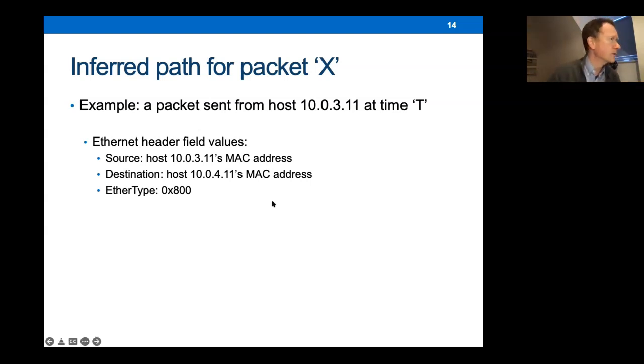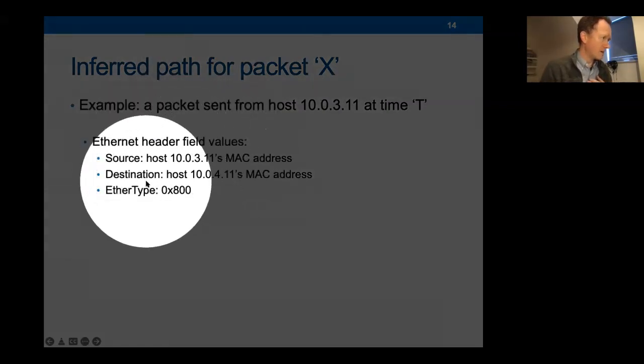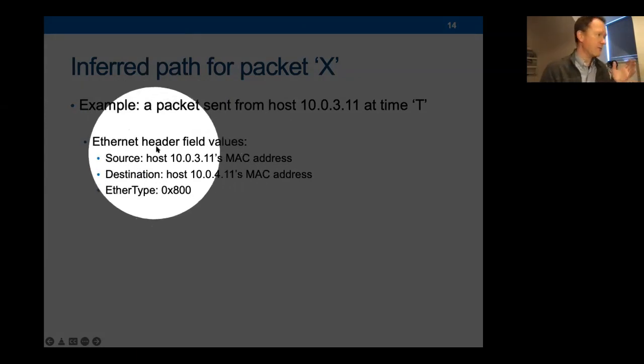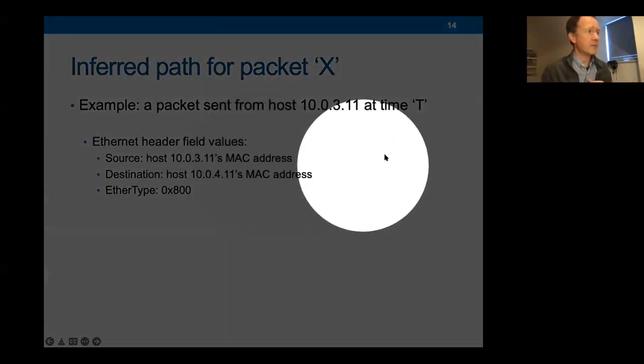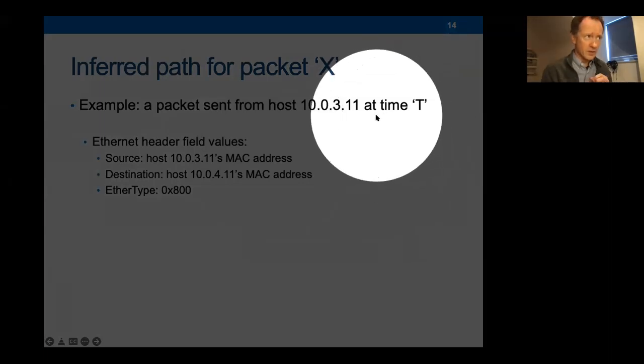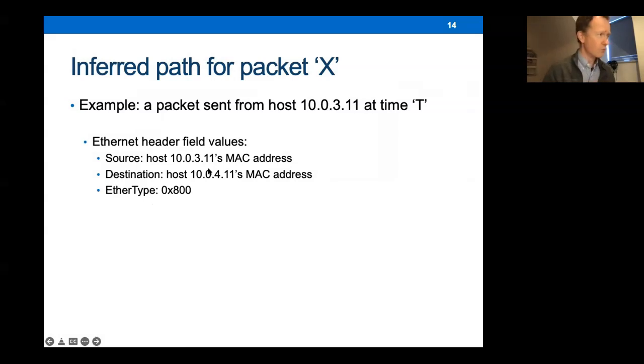There are some parameters provided as part of the query: the source MAC address, the destination MAC address, and the Ethernet type field value. That's enough, along with the time at which we want the query to be focused, to be able to apply that query.